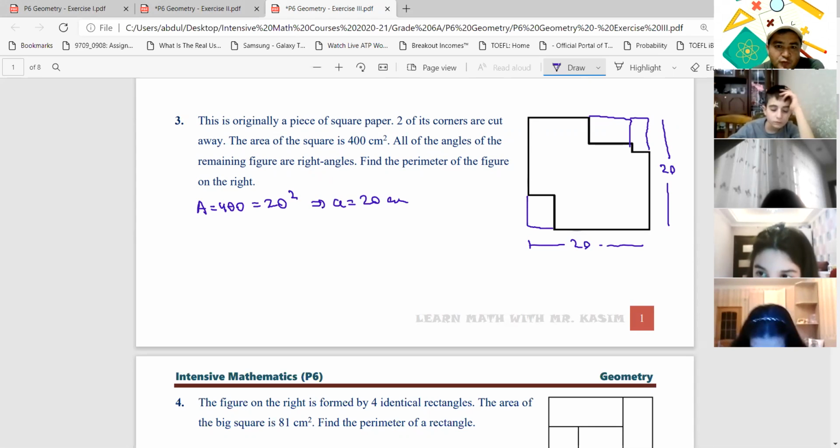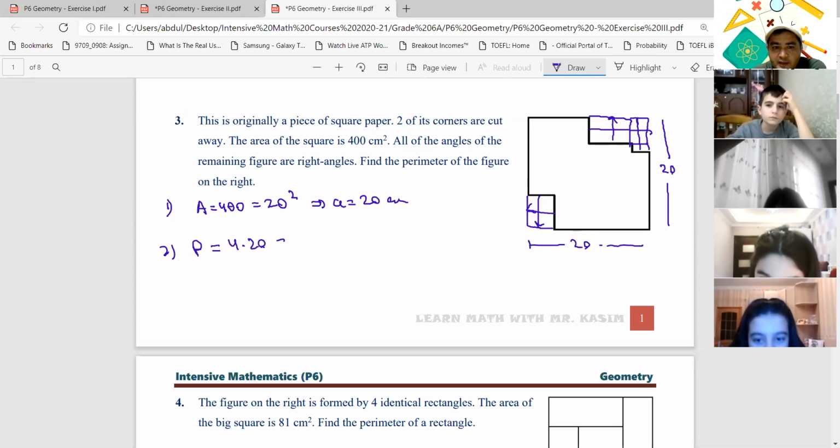The question is, find the perimeter of the given figure on the right. If you move this to here, and this to here, it just becomes a square again. So the perimeter of the figure is just equal to 4 times 20. That's equal to 80 centimeters.